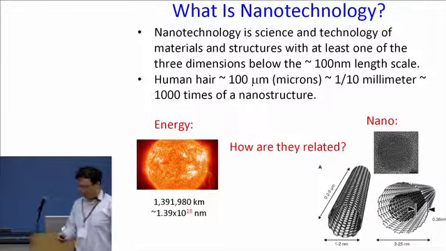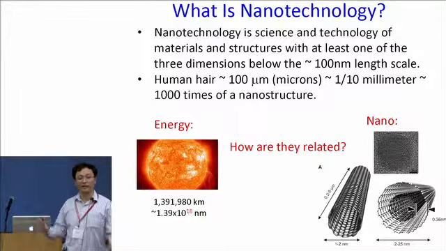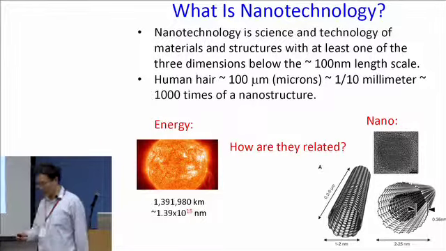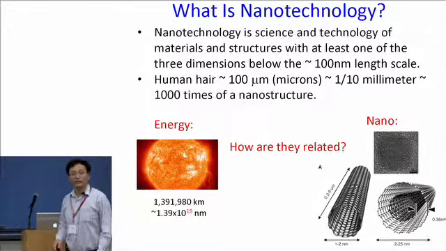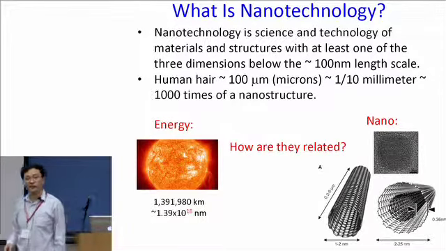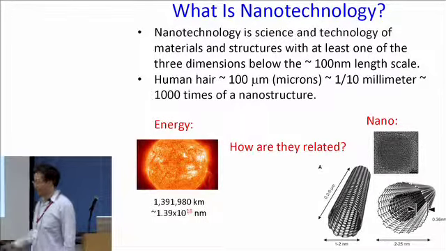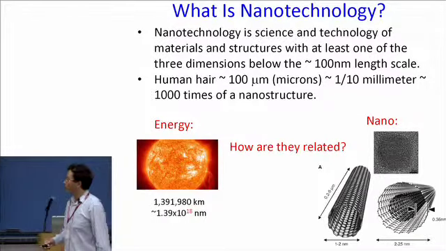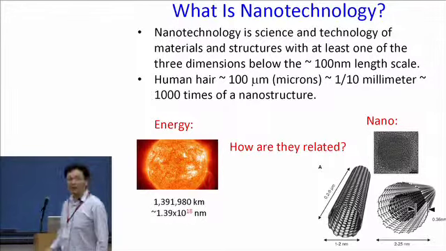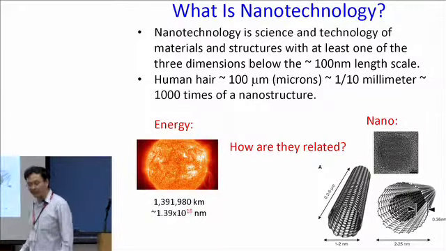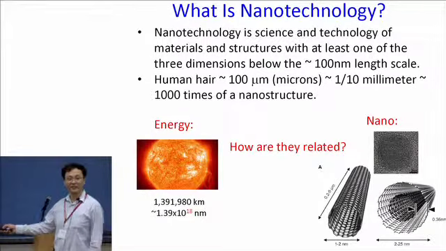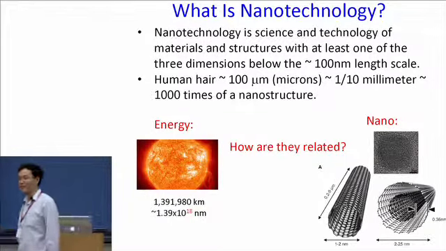Now when you think about energy, at least when I think about energy, I think about the sun. The energy on Earth is really all coming from the sun, and the sun is really, really huge. If you measure the size of the sun in nanometers, the sun is 10 to the 18th nanometers.